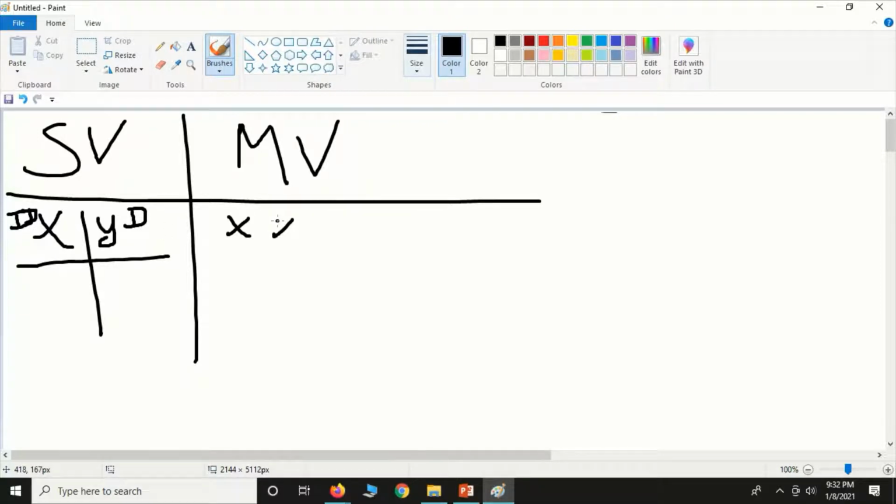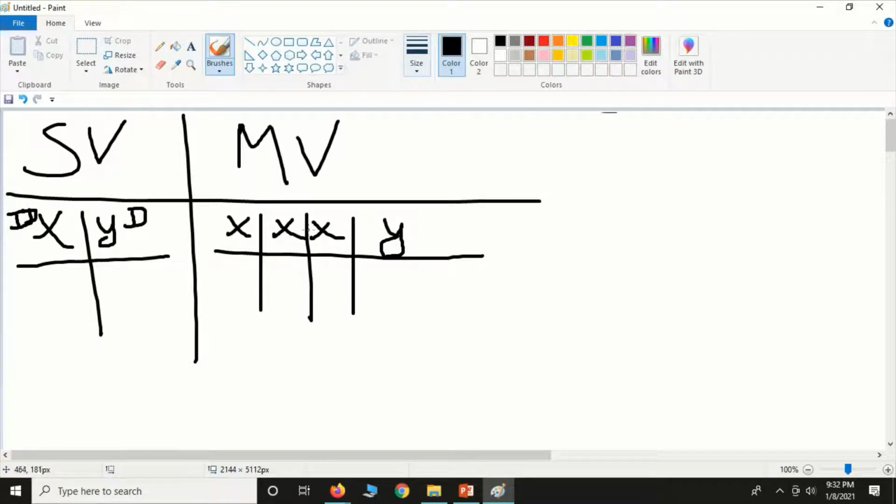If we have more than one x value, for example three x values, and there is only one y value, we have independent variable 1, independent variable 2, and independent variable 3, and y is the single dependent variable.